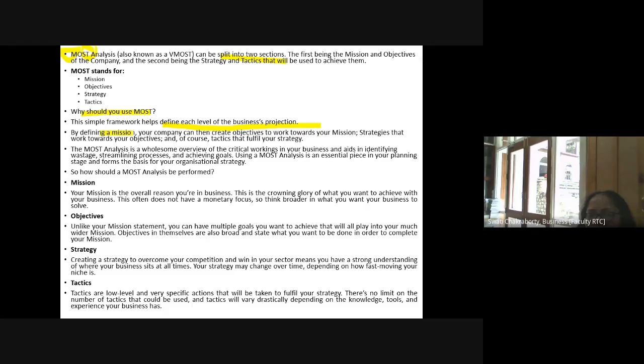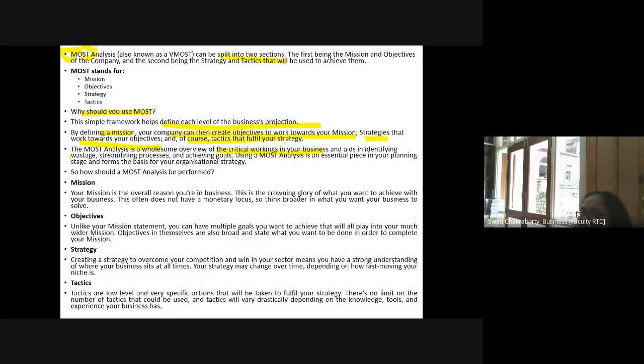So when we talk of mission, what happens? When we define the mission, the company can create its objectives to work towards the mission. It can come up with strategies that can work towards the objectives, and the tactics that will be needed to fulfill the strategy. So it gives an overview of the critical workings of the business.